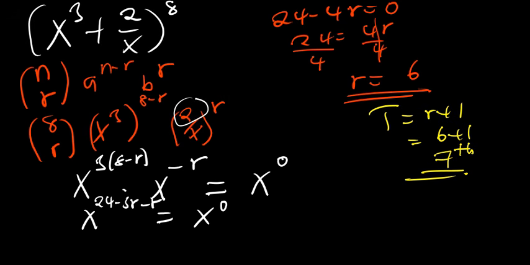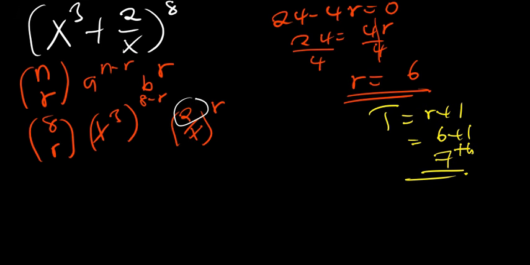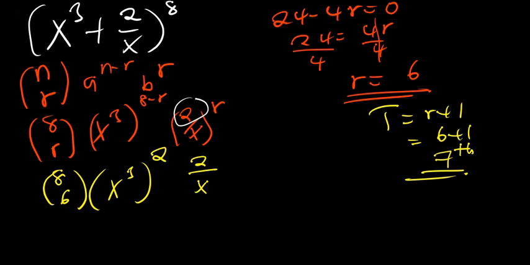after finding the value of r, I need to come back here and simplify the way we were simplifying the other one. I need to plug in the value of r. So it will be 8C6, then x to the power 3. Then 8 minus 6 becomes 2. Then again 2 over x raised to the power 6.